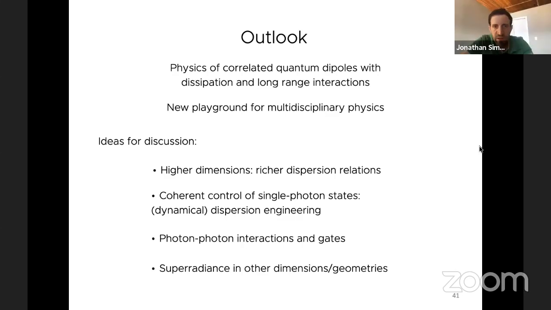Okay, so maybe I'll just paraphrase this second question. It's also about these logic gates. The question is, could you achieve gates with two arrays next to each other and seeing one affect the subradiance properties of the other? And I guess maybe just more broadly, is this something you've thought about, two 1D chains? Yeah, so I think one of the ingredients for doing these conditional phase gates is that the photons only interact once.